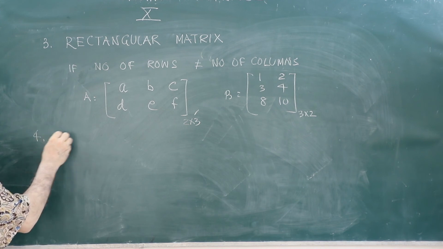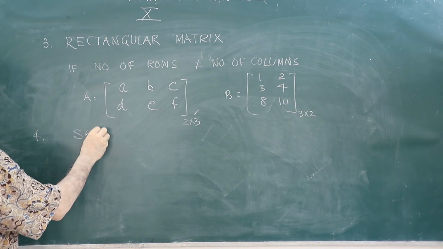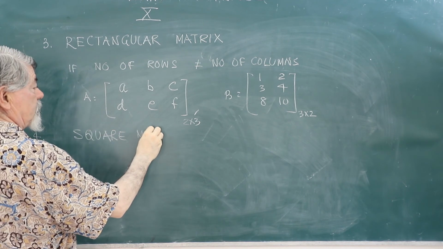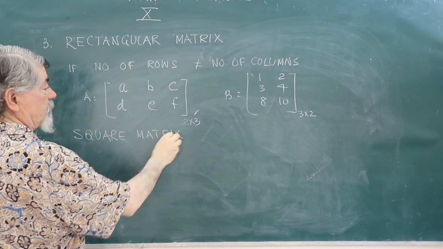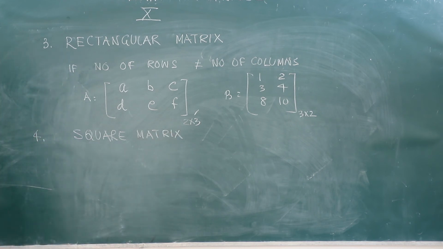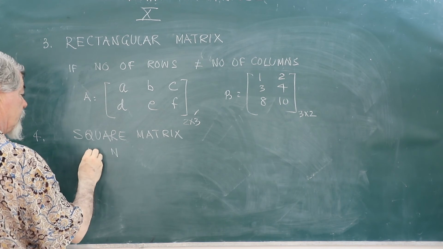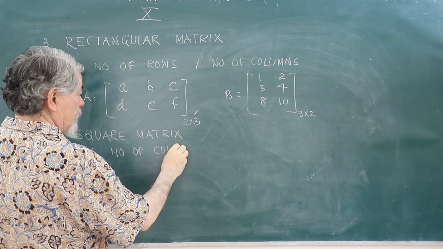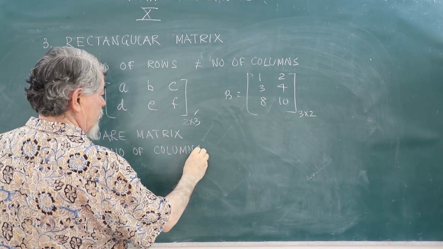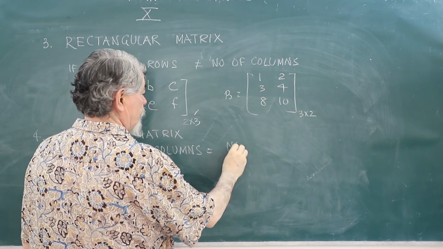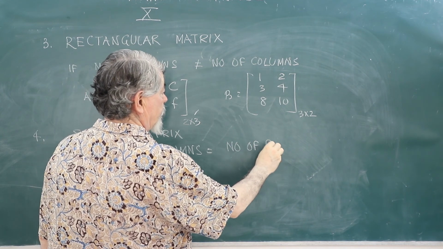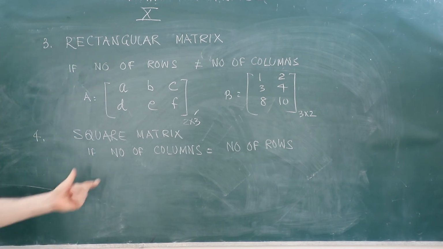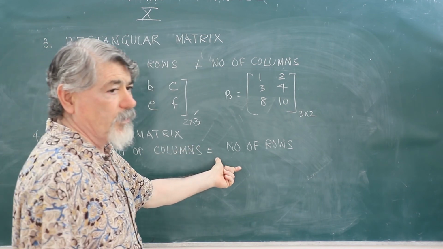Next one is a square matrix. In a square matrix, the number of columns is equal to the number of rows.